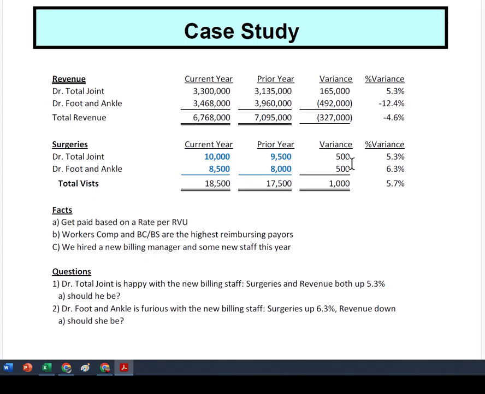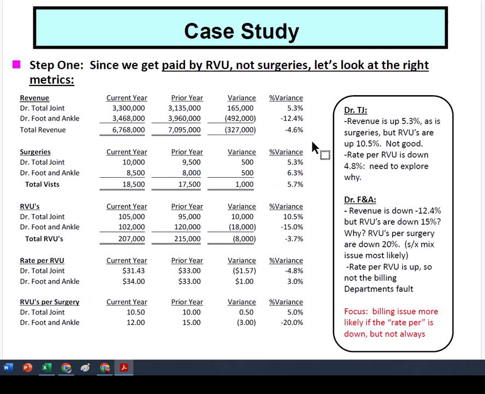So, you look at this at face value, I guess you can understand. But I hope we've learned one thing. We have to look beyond the face value. So, step one, we don't get paid by surgery, we get paid by RVU.